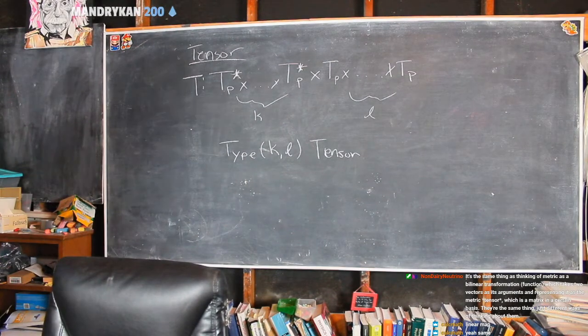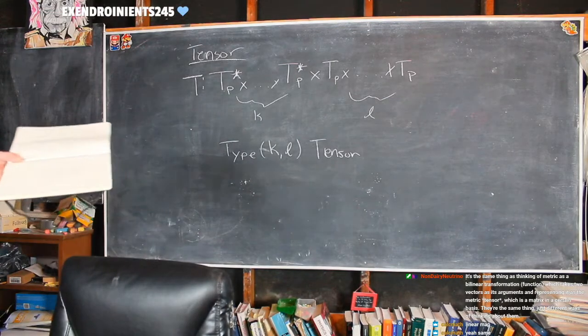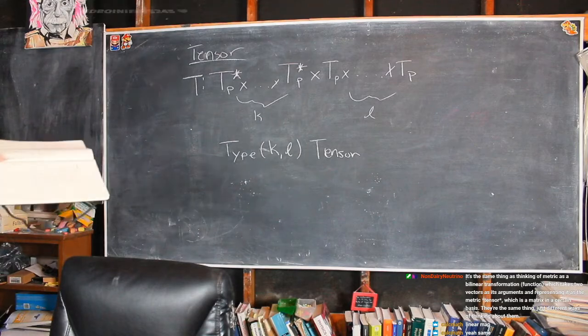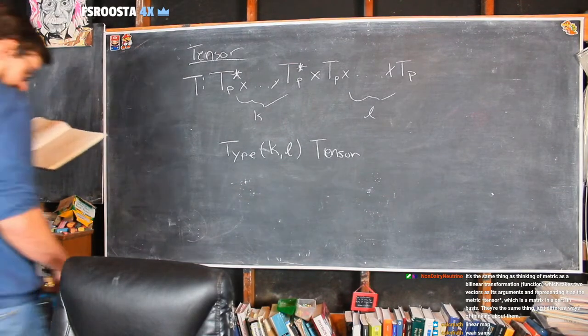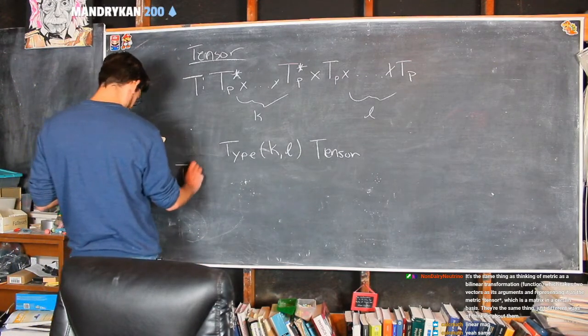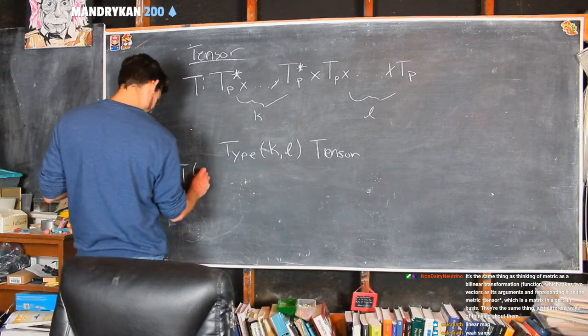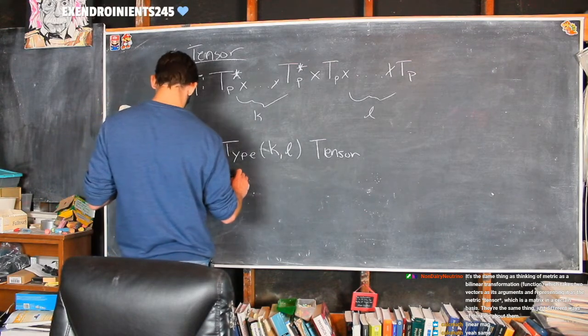Okay, that's cool. Now we could do an example of a type (1, 1) tensor calculation, which is very straightforward, and this is probably what we're going to end on.